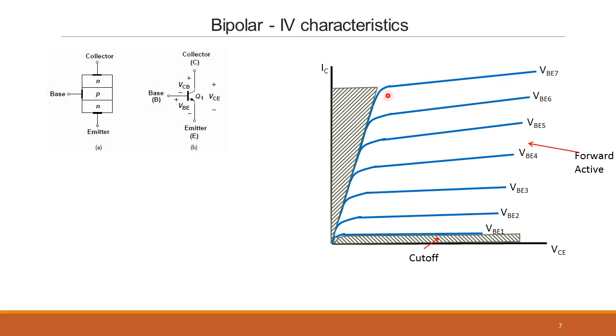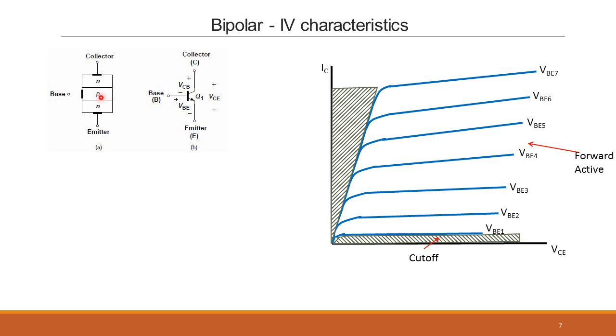Now, when the VCE is very small, there is very little current from the collector because the collector voltage is small. But it could be that both these junctions are forward biased, because when VCE is small, VCB can be positive.